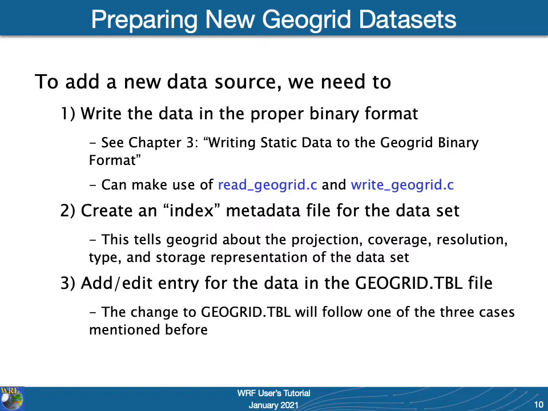This metadata file tells the geogrid program about the coverage, the spatial resolution, the projection, the type of data, and how many bytes are used to represent each value in our data set. This index metadata file is always saved in the same directory as the data itself. And that is the directory that we specify in our geogrid table entries. And then lastly, once we've prepared the data and metadata, we can edit the entry in the geogrid table file as described in the previous slides.